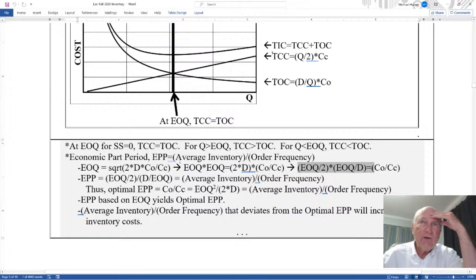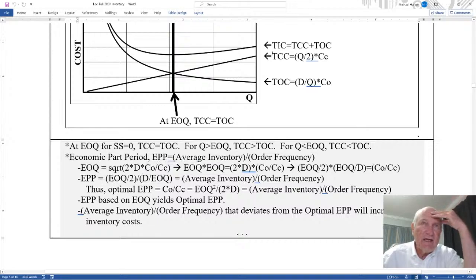I take EOQ over 2 in the numerator. I put this in the denominator, so I'll take the reciprocal, D over EOQ. I call that EPP because EOQ over 2 is essentially the average inventory when you have zero safety stock. D over EOQ is the order frequency, depending on the time interval of D.